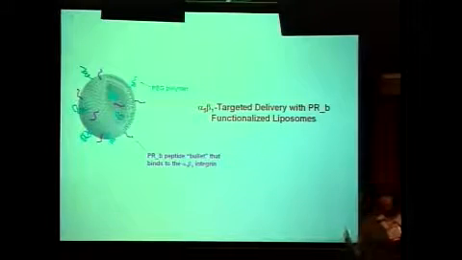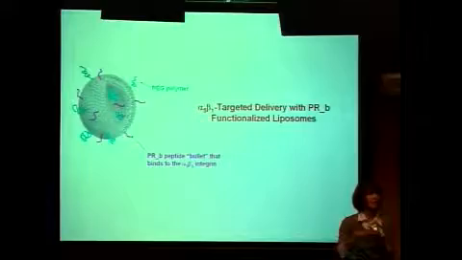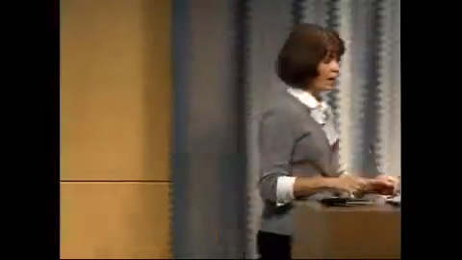We start with in vitro evaluation, which means that I will start with my Petri dish and I will deliver the nanoparticles and I will evaluate adhesion, internalization, delivery efficiency. We've done this, we were satisfied with the results, and at the end we said, you know, that's not enough. We have to see what happens when we deliver this to an animal, because obviously things can be far more complicated.